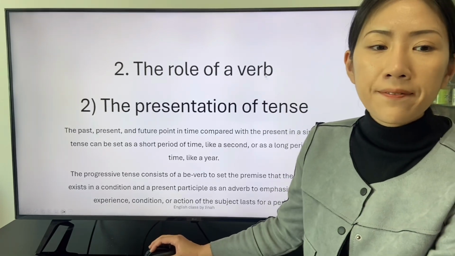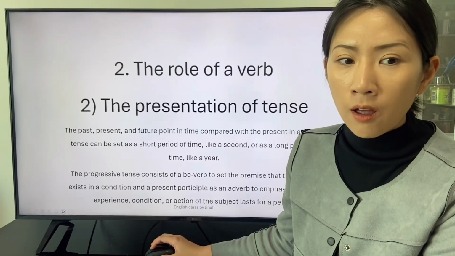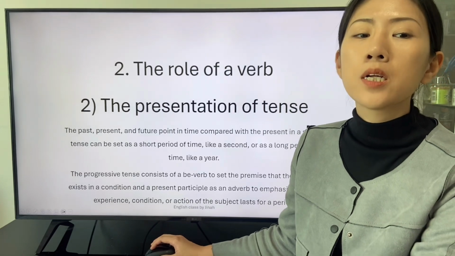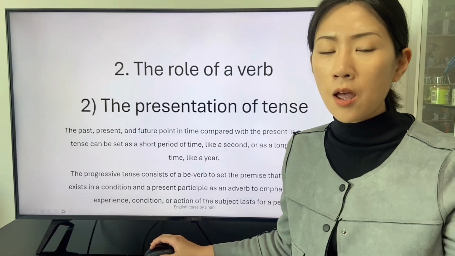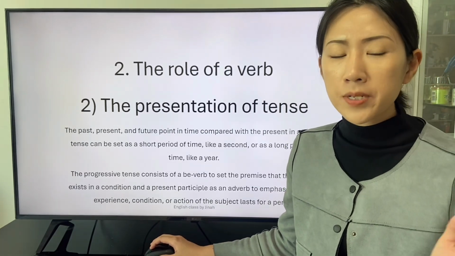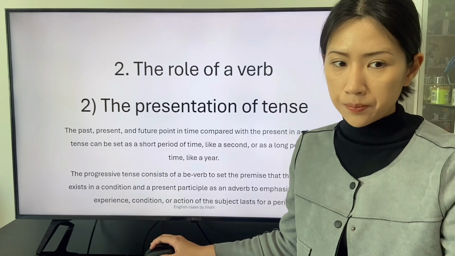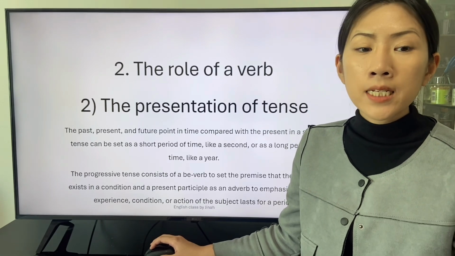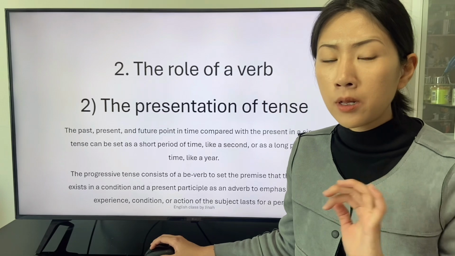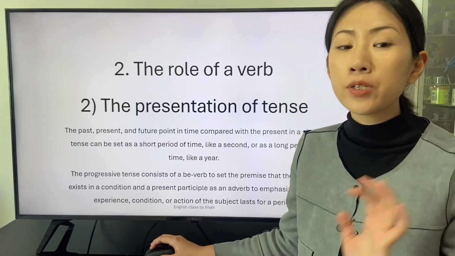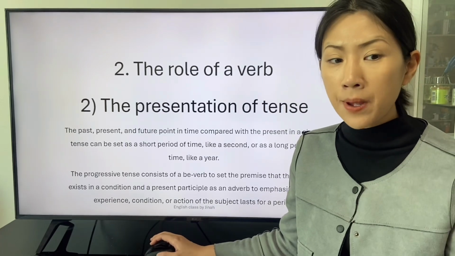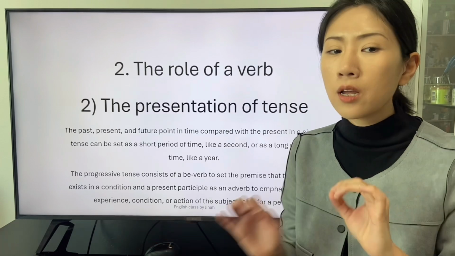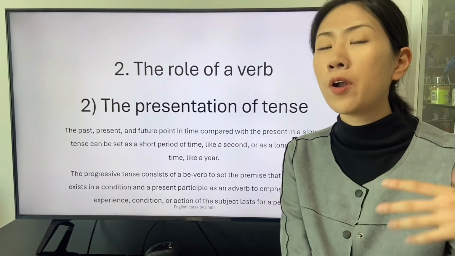The progressive tense consists of a be verb to set the premise that the subject exists in a condition, and a present participle as an adverb to emphasize that the experience, condition, or action of the subject lasts for a period.